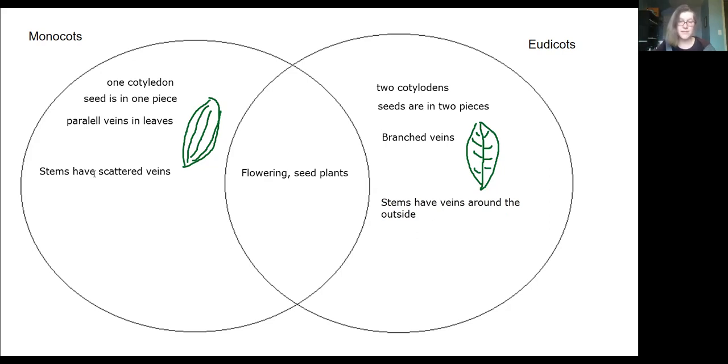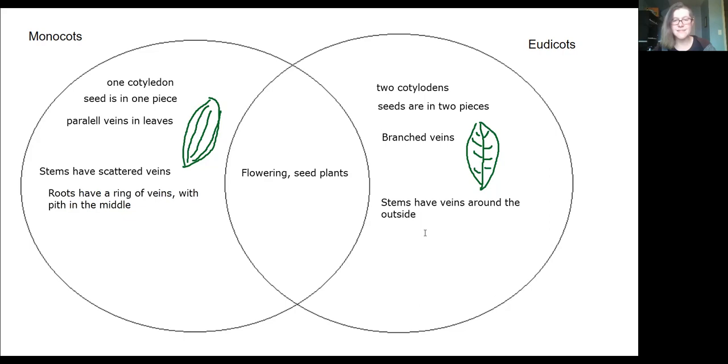Whereas in monocots, if you cut the stem, you just see little scattered pieces. In the monocots, the roots have a ring of veins with pith, which is just ground tissue containing typically water or starch in the middle.